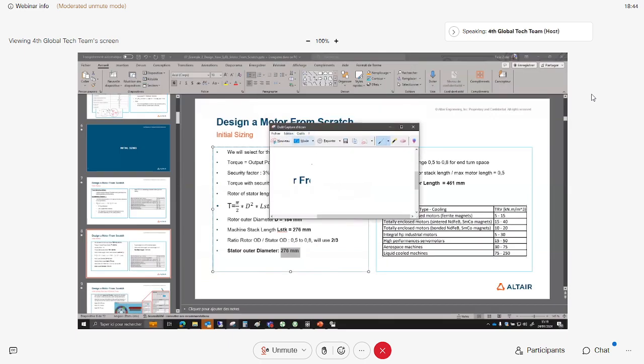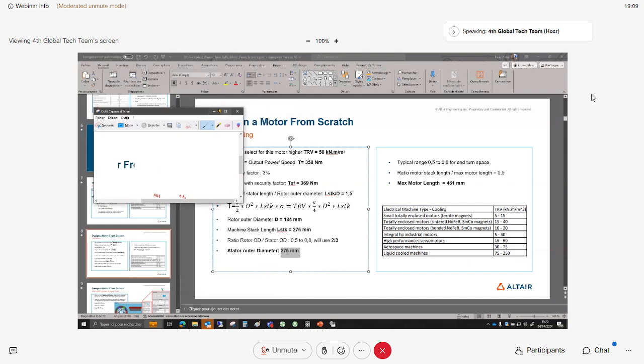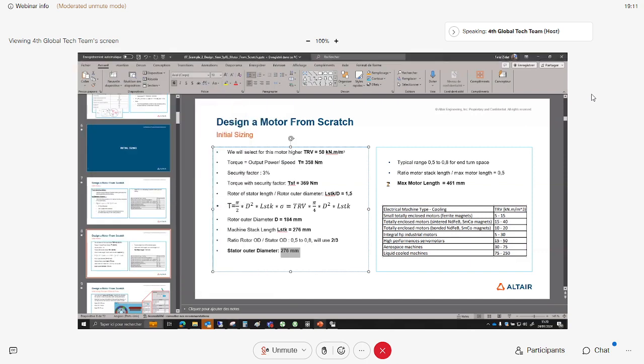Usually, if this is the stack length of the machine, then the end winding length is about half of the machine: you have 1/4 and 1/4 each time. This is something we can see on existing motors.